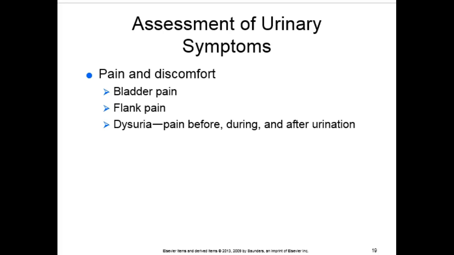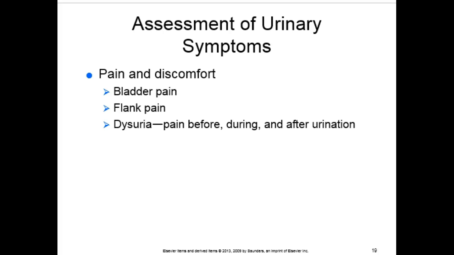Flank pain, which is defined as the side and back area of the body below the ribs and above the hips, is caused by obstruction and distension, usually indicative of a kidney stone.